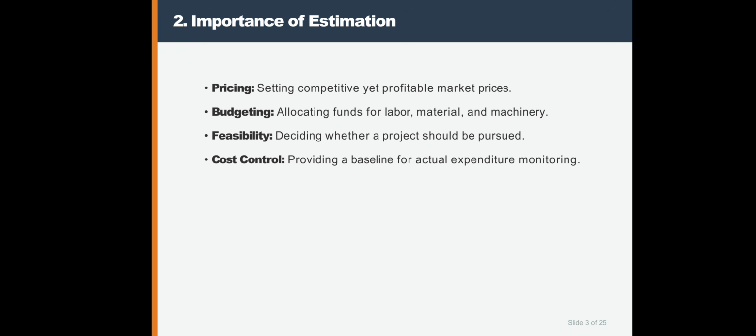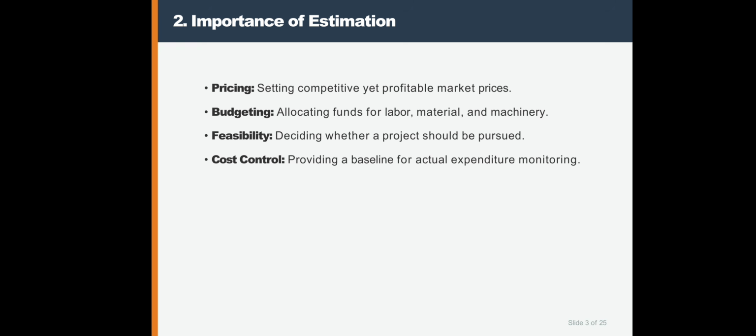The first one is pricing: setting competitive yet profitable market prices is the meaning of pricing. The second one is budgeting: allocating funds for labor, material and machinery. The third one is feasibility.